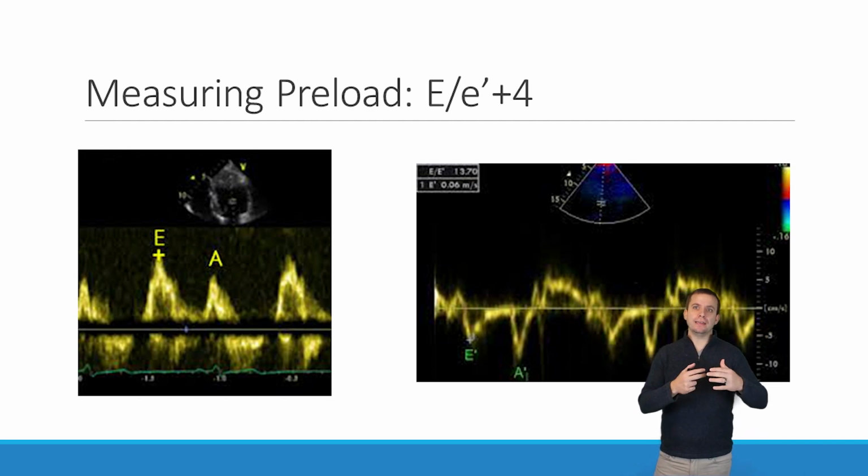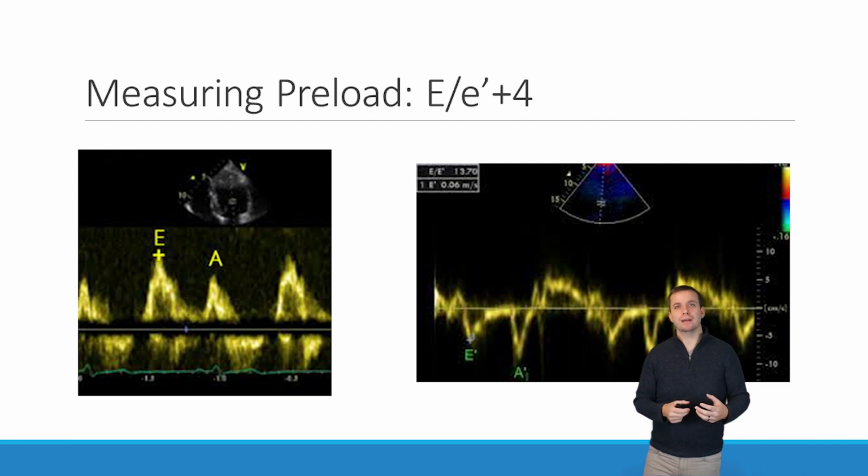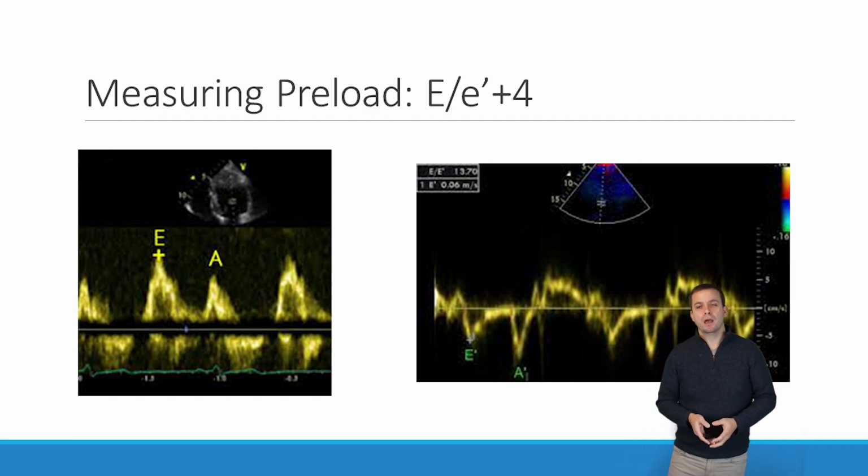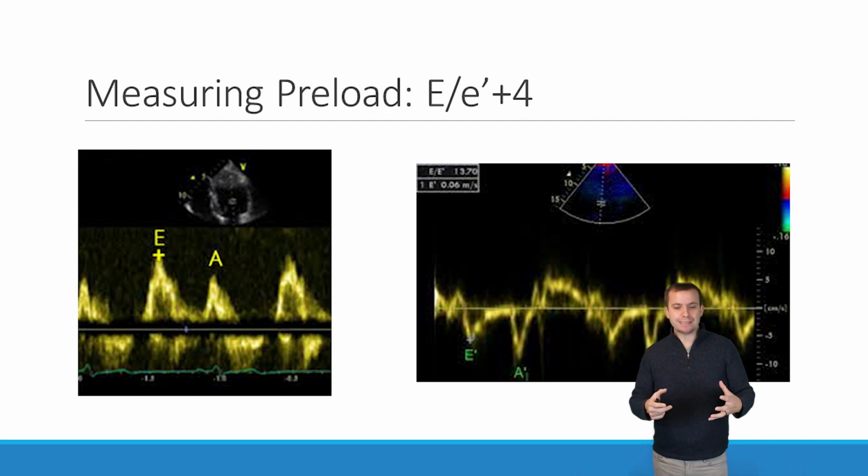And then you do something called tissue Doppler. Tissue Doppler is where you actually measure the velocity of the muscle of the heart. When the muscle of the heart relaxes, you can measure how fast it relaxes, and that's how you get an E prime.